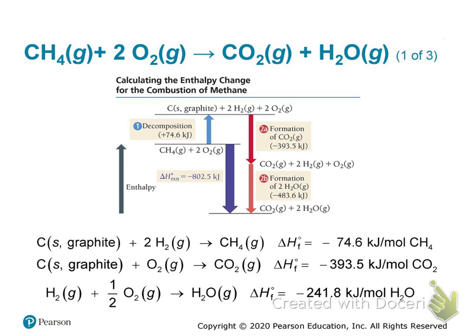The first equation here on the bottom of the screen, equation number 1, I see carbon. When I move to the top of the screen, I don't see carbon anywhere. So the first equation has a piece of information that I do not need. I already know that this carbon from the first equation will have to cancel with another carbon somewhere else, because in my final equation I cannot have carbon.